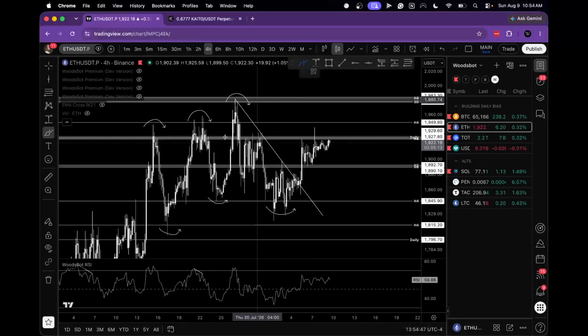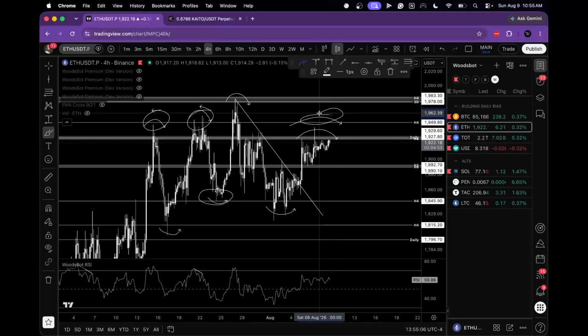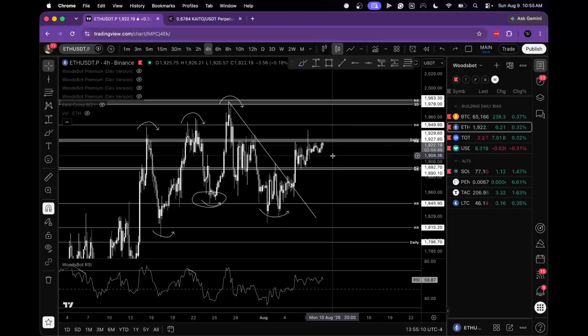So this was the structural low after the higher high, the higher low into the higher high, and we did break that. So structurally, 100%, this is either the area or this resistance here that we've rejected from once, twice, maybe 3 times, makes sense if we are going to put in a lower high.